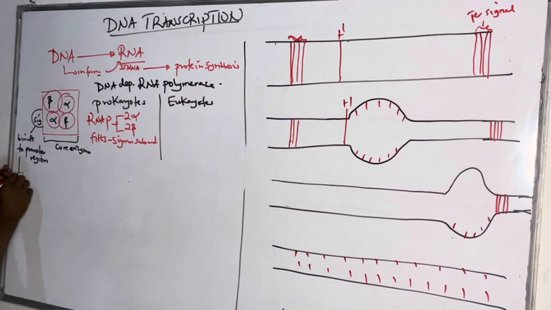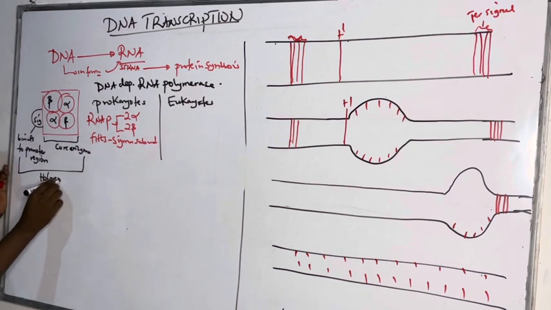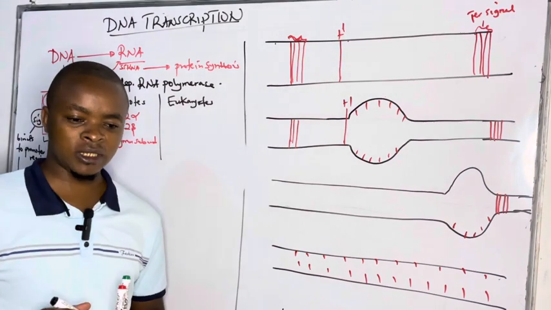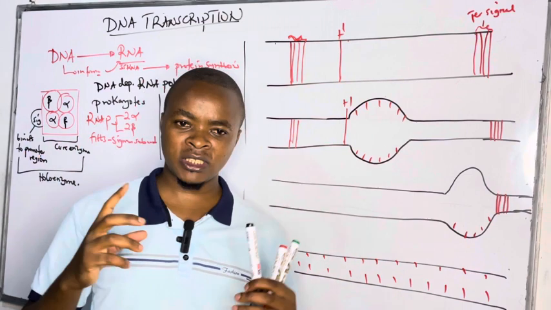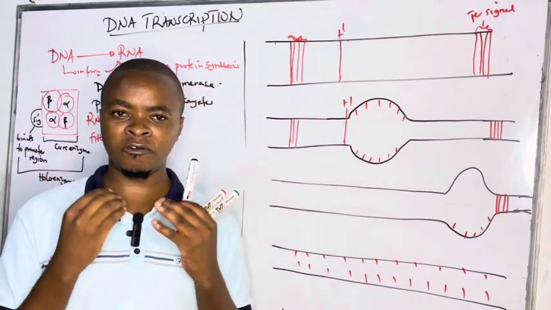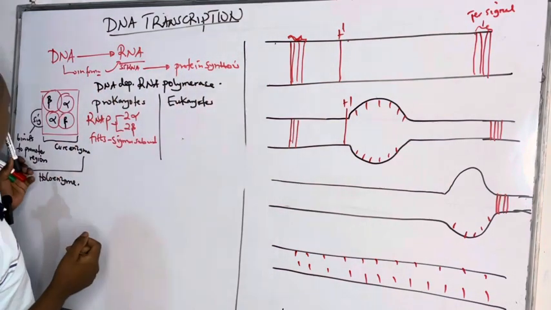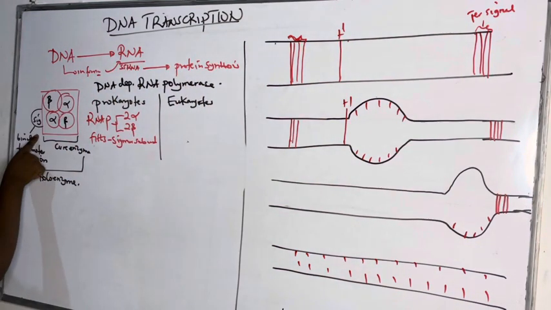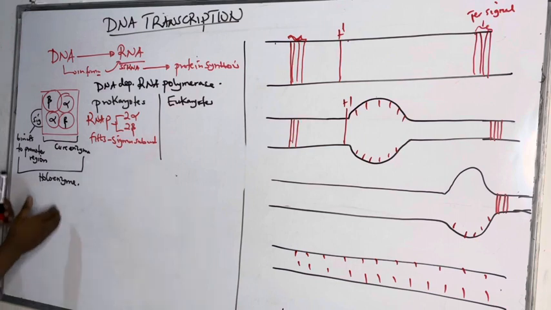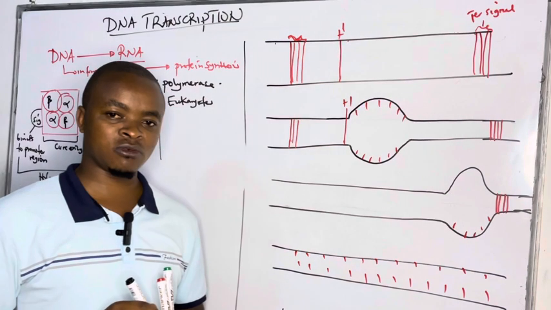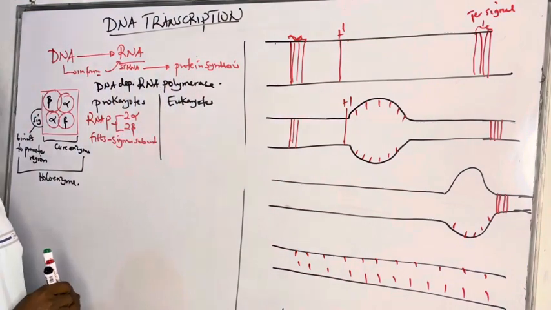The sigma subunit together with the 4 subunits forms the holoenzyme. So in prokaryotes, it is one holoenzyme made up of 2 alpha, 2 beta, together with the 5th subunit, which we call the sigma subunit. These are the ones that participate in transcription in prokaryotes.